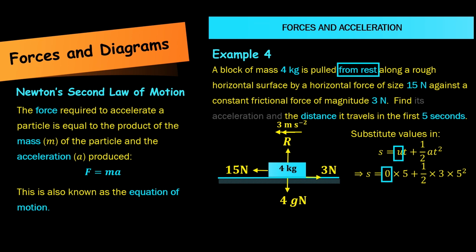We have the initial velocity, because the block of mass is pulled from rest, so therefore u equals 0. We have the time, which is 5 seconds. And we now have the acceleration, which is 3. And so we have, once we've tidied up, that s equals 37.5 meters.